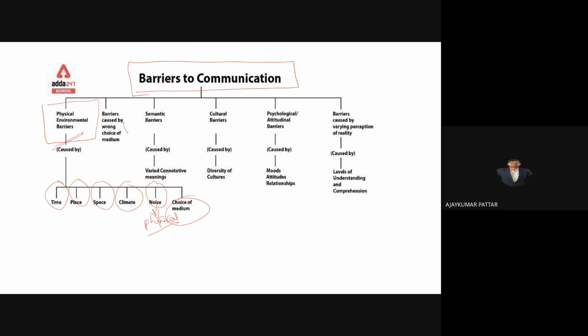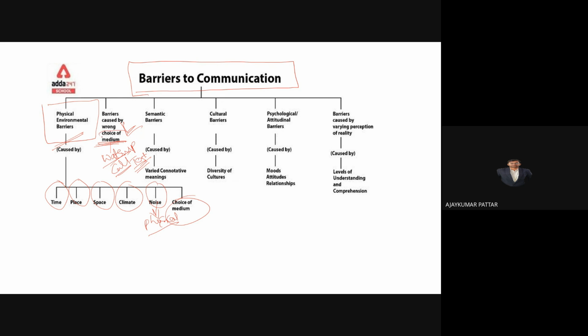Then barriers by wrong choice of medium. For example, I actually want to use a WhatsApp video call, but if I use a text medium for the same thing, then it does not convey the proper message or efficient communication.